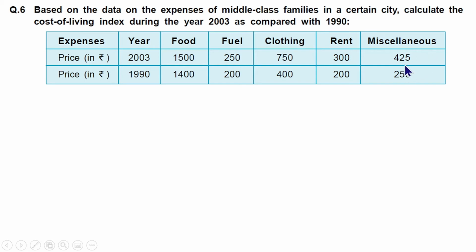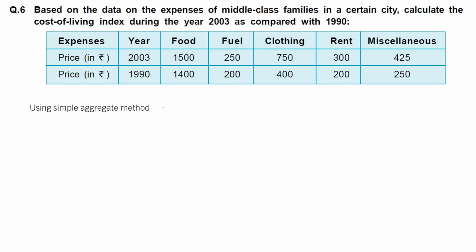In 2003 it is 425 and in 1990 the expenses it is rupees 250. Now we have to calculate the cost of living index.